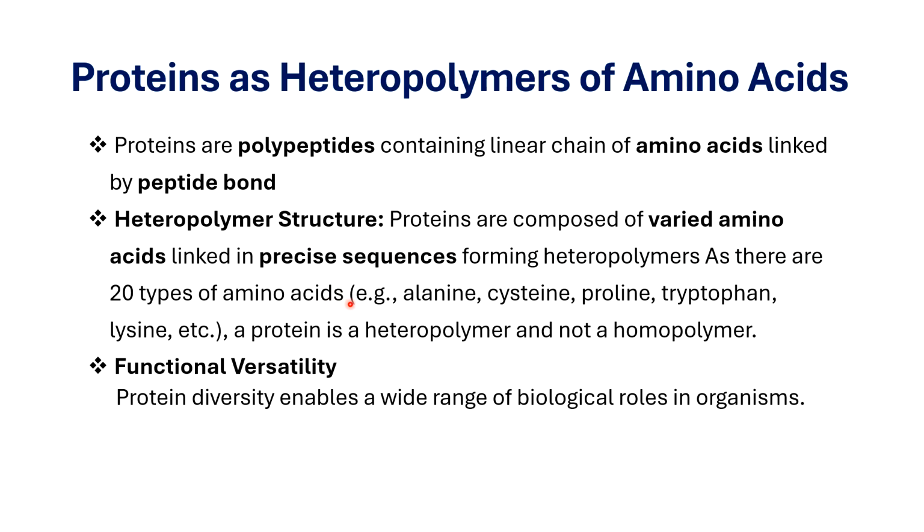If we use the same type of monomeric unit, we call it a homopolymer. Here we are using 20 different types of monomeric units, or amino acids, to make up a polypeptide or a protein. So proteins are heteropolymer structures.